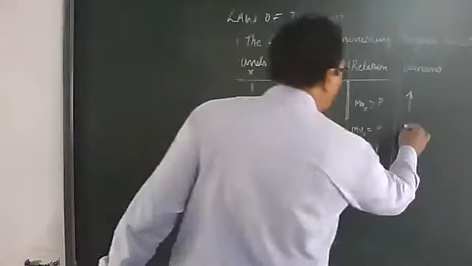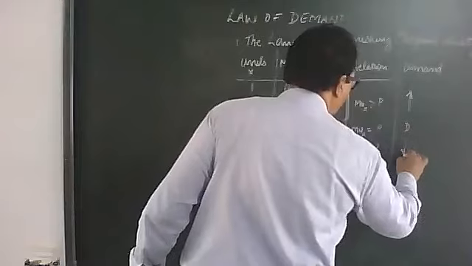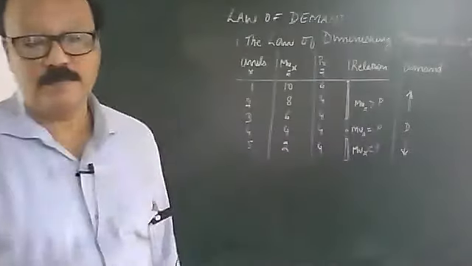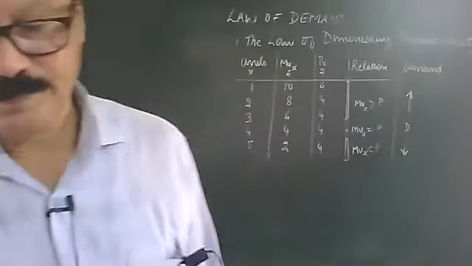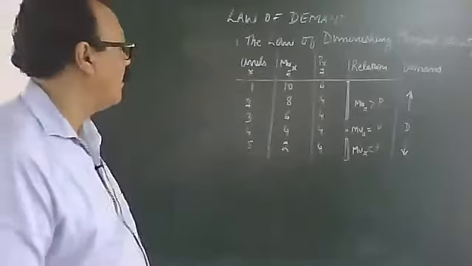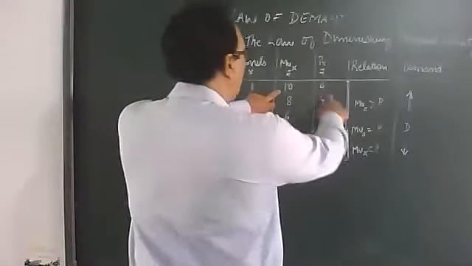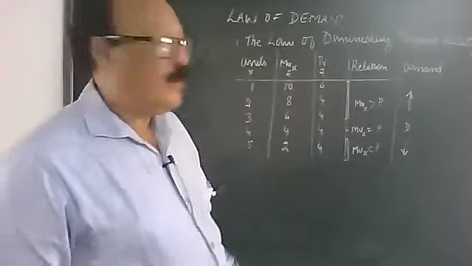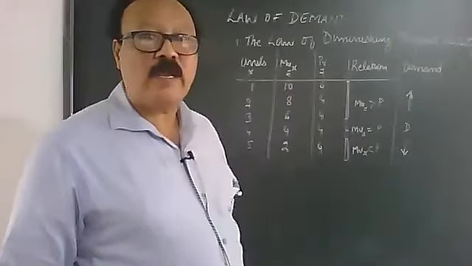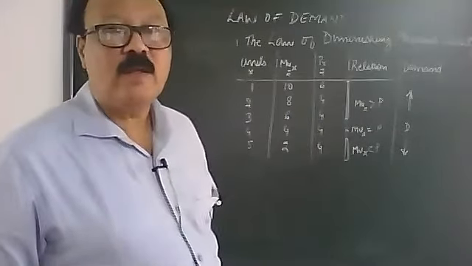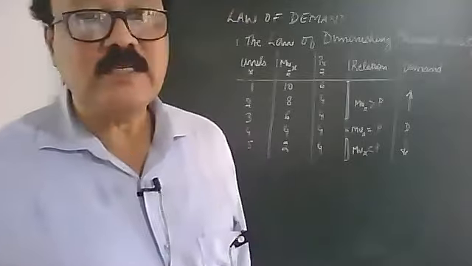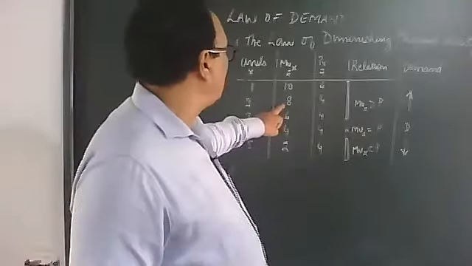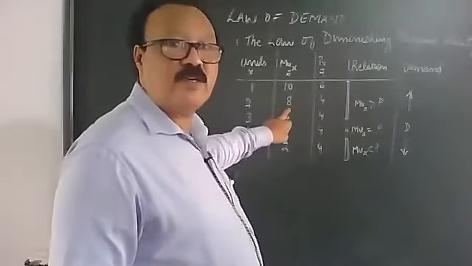There is demand up till here, and here demand will decrease. See, the marginal utility is greater than P. Utility, I told you, was satisfaction. You are spending 4 rupees, but you are getting a satisfaction worth rupees 10. Are you in fayda or no? Yes. Then you are spending 4 rupees and getting satisfaction of 8.